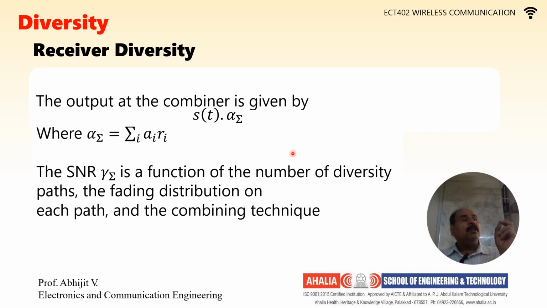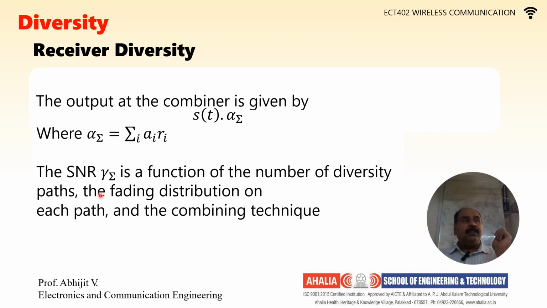The alpha is nothing but a_i into e raised to j 2 pi phi I into S of t. So we have the signals being added up, and alpha sigma is equal to the sum over I of a_i R_i.